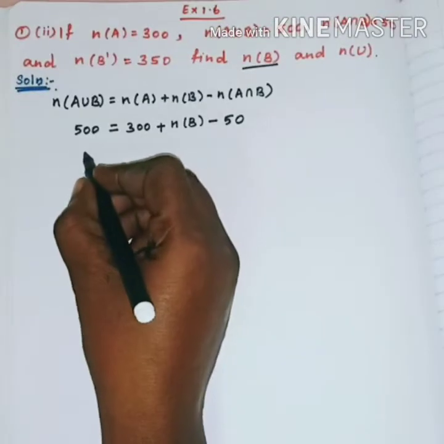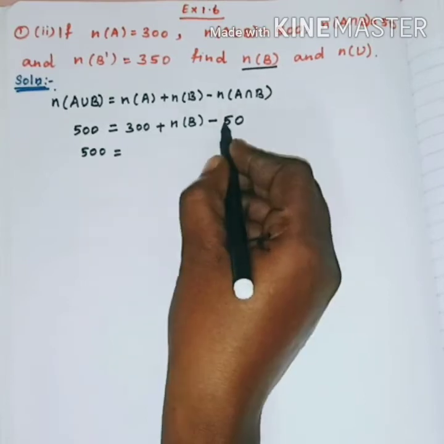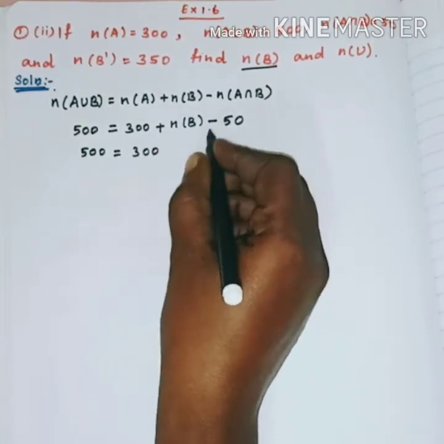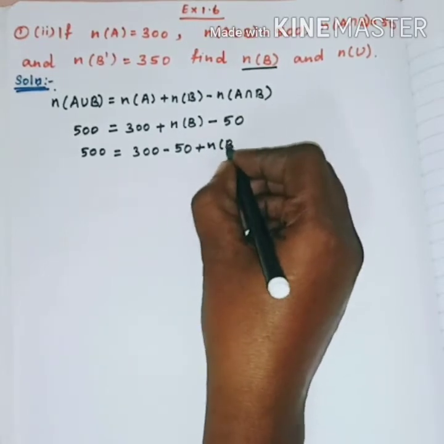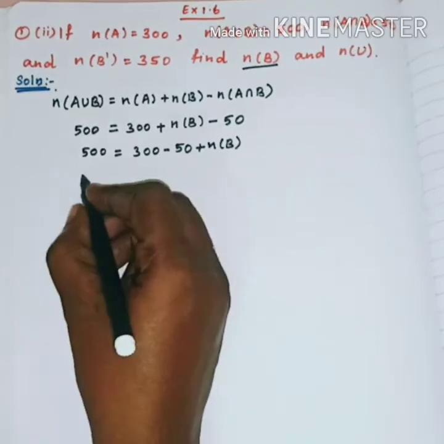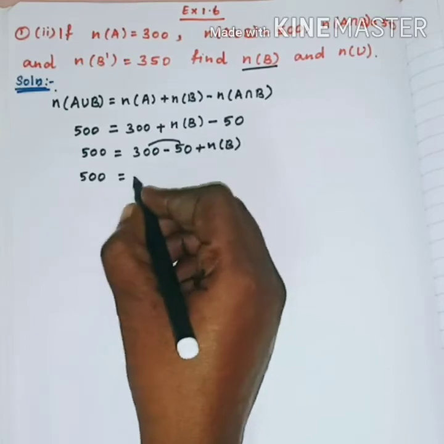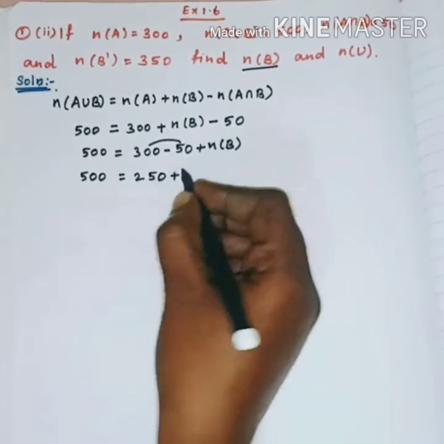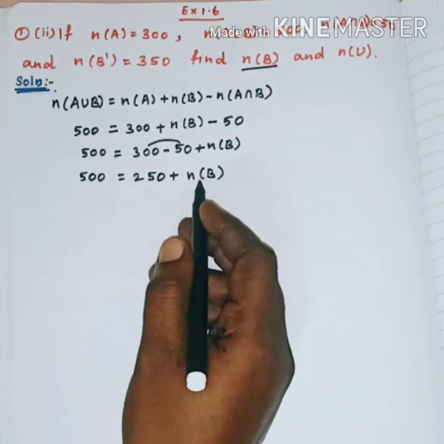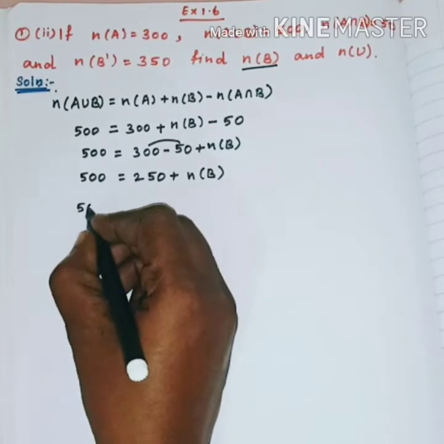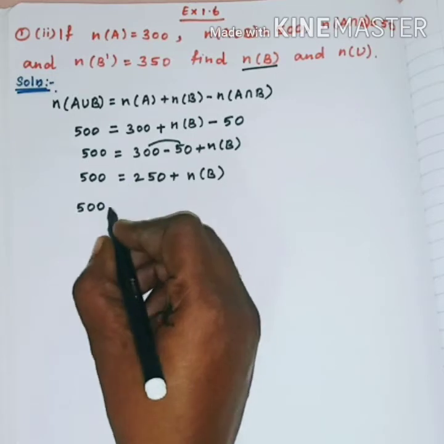Okay, now 500 is equal to 300 minus 50. Write like this: 300 minus 50 plus n of B. Okay, so 500 is equal to 300 minus 50, subtracting these two we get 250 plus n of B. We have to find this n of B. So 500, take this 250 to the left hand side, so the sign will change.